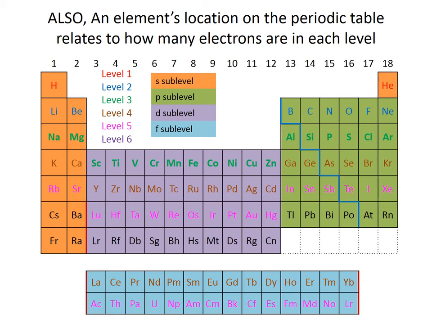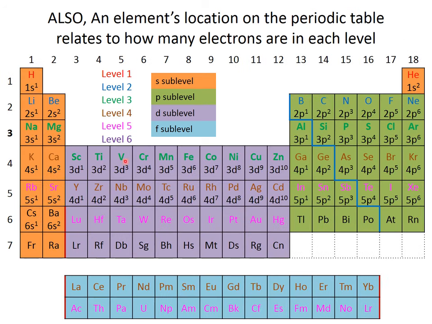So I can see how this corresponds to the electron configurations. Hydrogen is 1s1. Over here we have the weirdo, helium, is 1s2. But notice my orange ones, the left column, is going to be s1, but increasing in the level number. For group 2, they're all going to be s2, but increasing in level number.